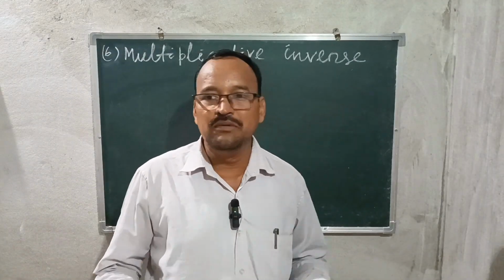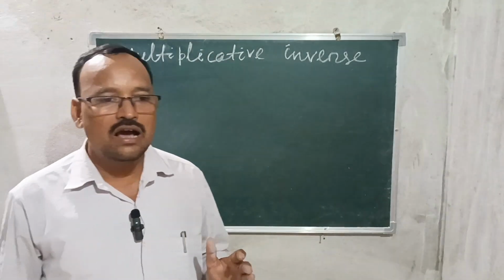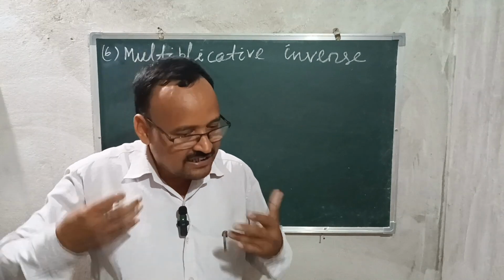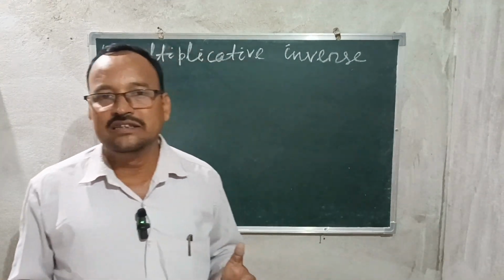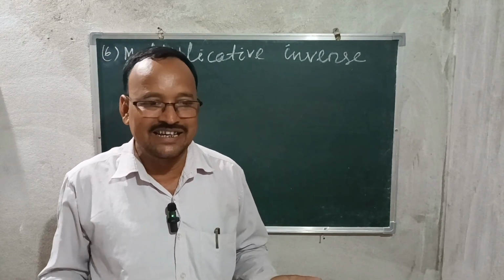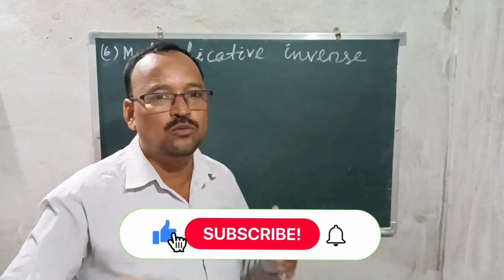So what is the multiplicative inverse? The multiplicative inverse of an integer is that integer by which when it is multiplied, the product is equal to the multiplicative identity, and the multiplicative identity is 1.